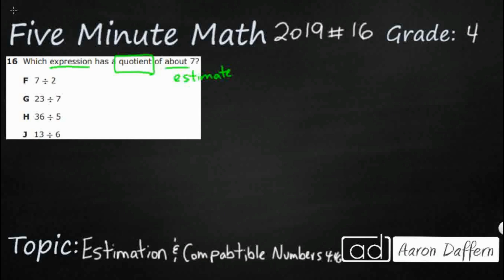So when we're talking about division, let's look at this first one. 7 divided by 2, that's our F. Each of these terms actually has a name. The first term is the dividend. That's the big number that you divide into. The second number, the smaller number that is dividing into the dividend, is called the divisor.